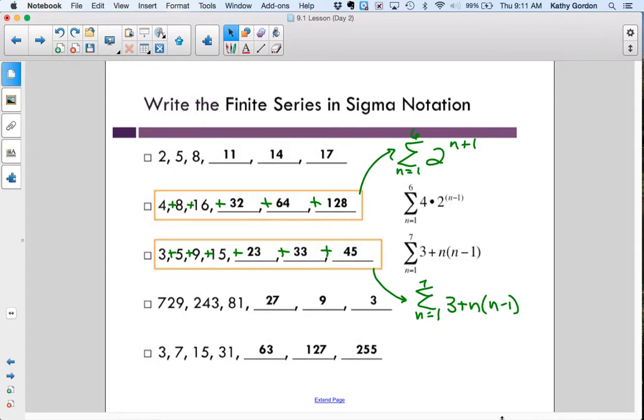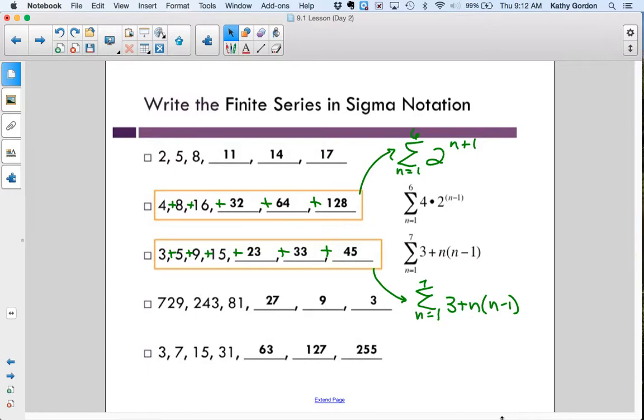Because if you've already got the function from a previous question, then you can just use that for your sigma notation. Okay, so always kind of just check that out. See if this is a sequence you've already used, see if it's a sequence you've already written a function for, and if it is, then sigma notation's easy. If it's not, then you got to come up with the function first. Okay?